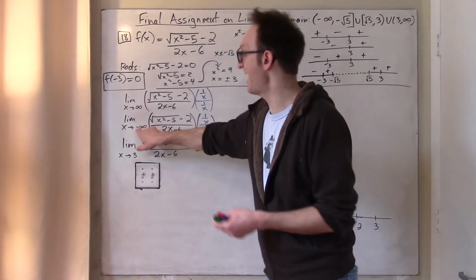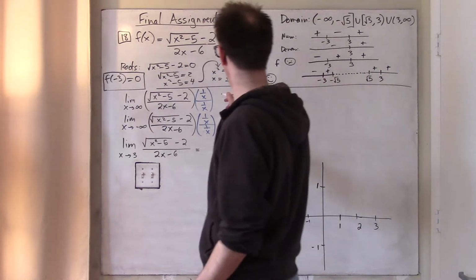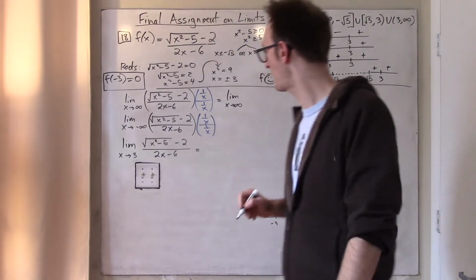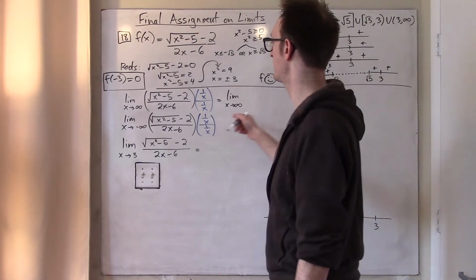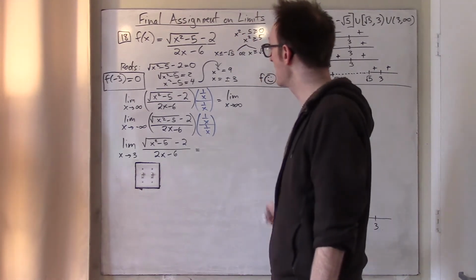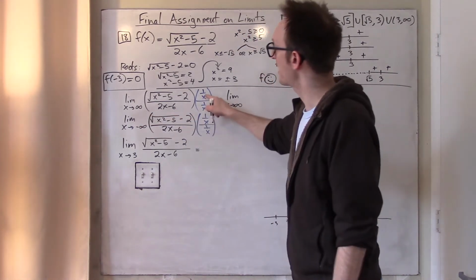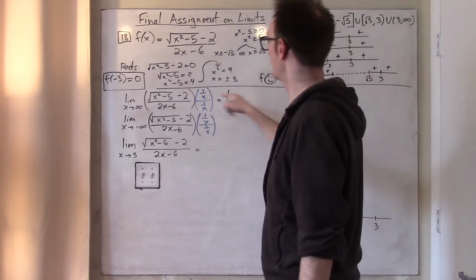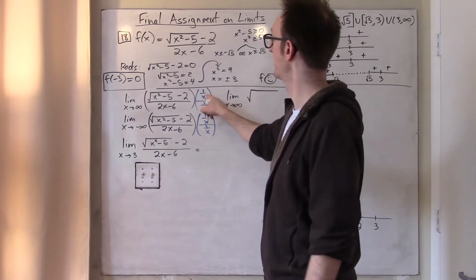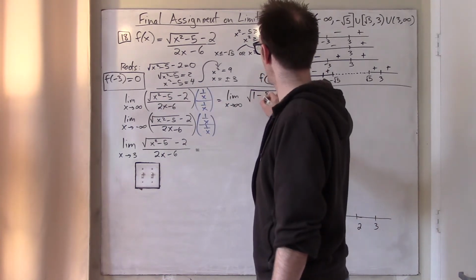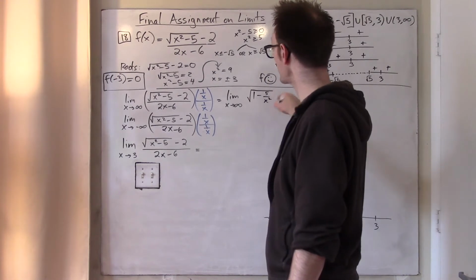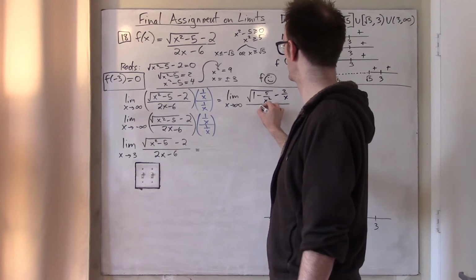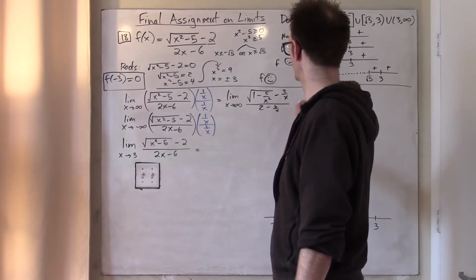the sign of x. And so this becomes the limit as x goes to infinity. Alright, if you made it this far and you're still watching, then maybe I don't need to go through this whole explanation again. Since x is positive, when I put 1 over x back in jail, it becomes 1 over x squared, and therefore this becomes the square root of, putting it back in jail, 1 minus 5 over x squared minus 2 over x, over 2 minus 6 over x.